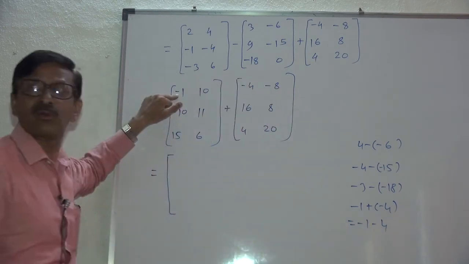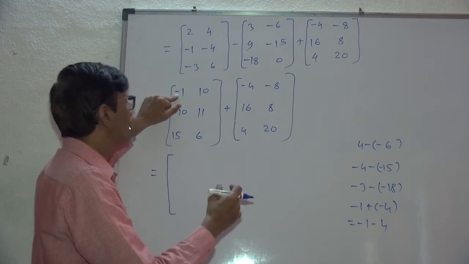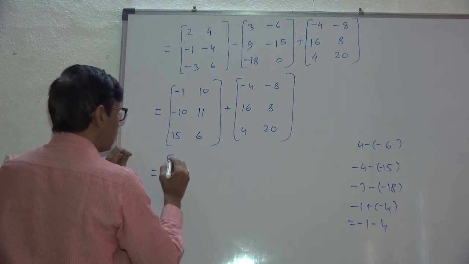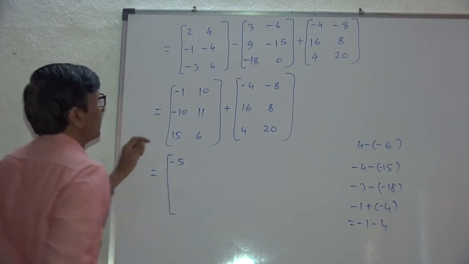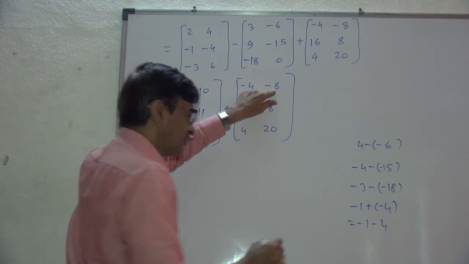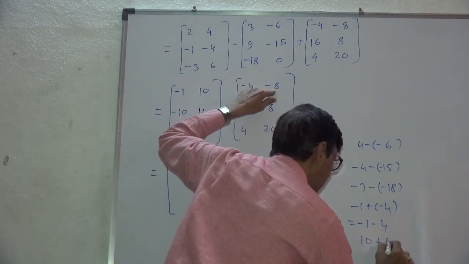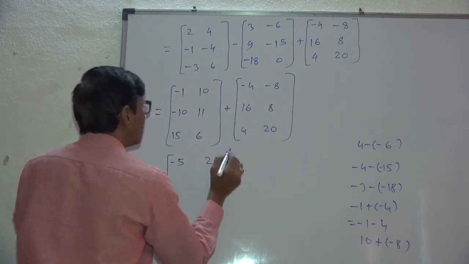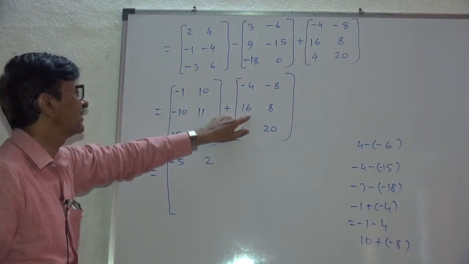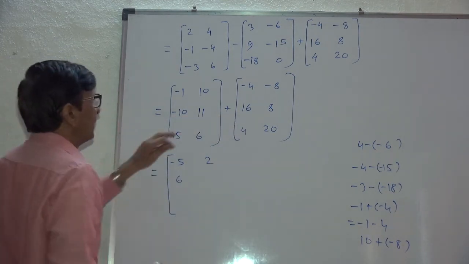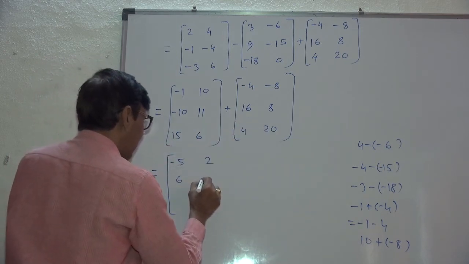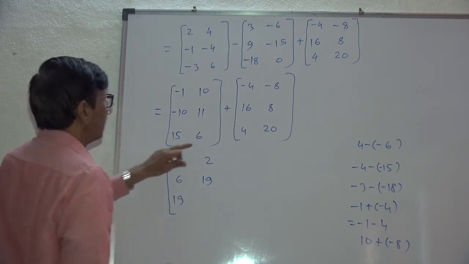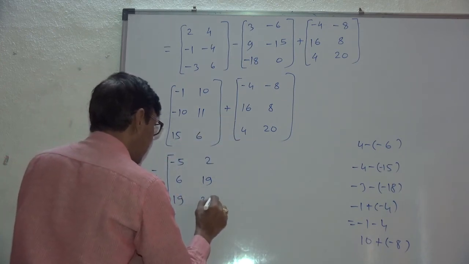So minus 1 minus 4, both numbers have the same sign, so we add them and the sign will be negative. So it is minus 5. 10 plus minus 8, plus minus becomes minus, 10 minus 8 is 2, minus 10 plus 16 is 6, 11 plus 8 is 19, then 15 plus 4 is 19, 6 plus 20 is 26.